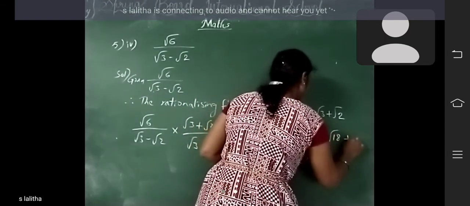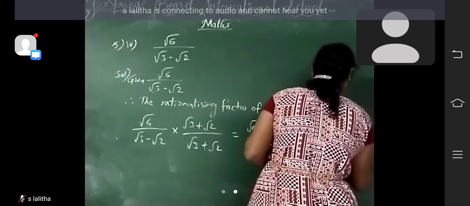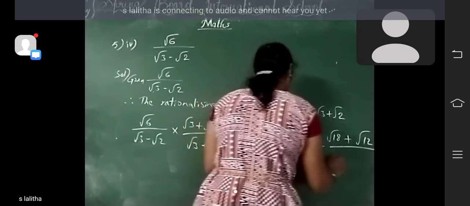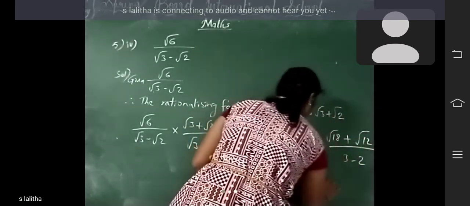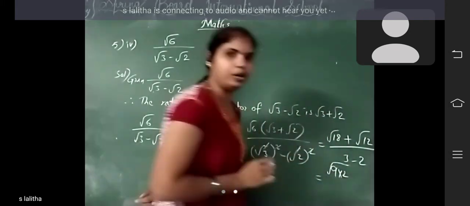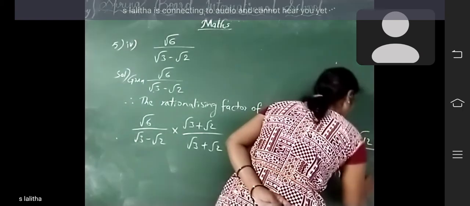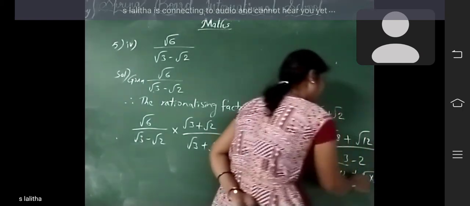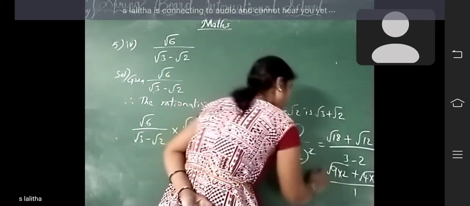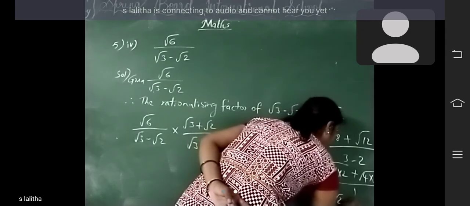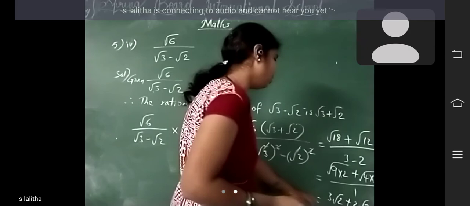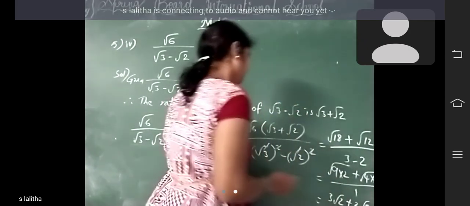Root 18 plus root 6 into 2, root 12. Root 18, can we write 9 into 2? Root 12 can be written as root 4 into 3. By 3 minus 2, how much? 1. So, square root of 9, how much? 3 root 2 plus square root of 4, how much? 2 root 3. So, 3 root 2 plus 2 root 3 is the answer. Okay, so let's write.